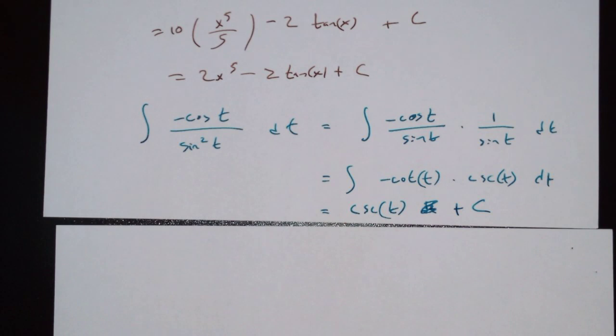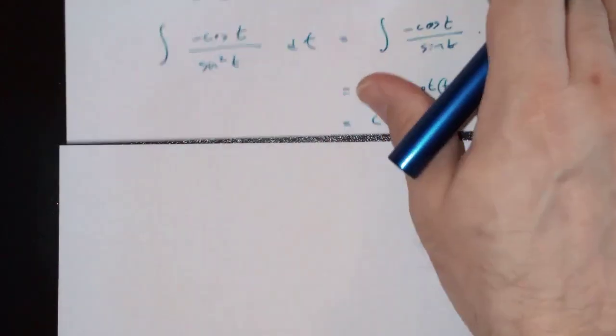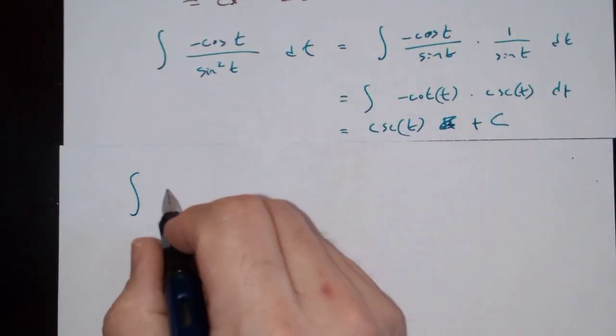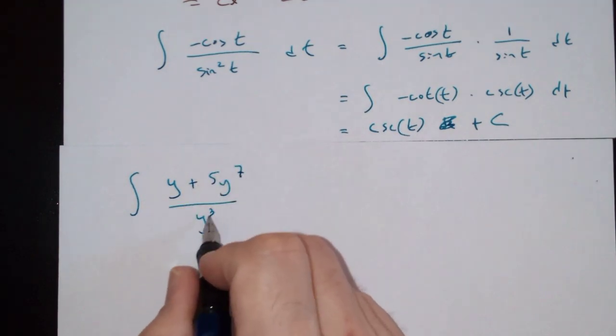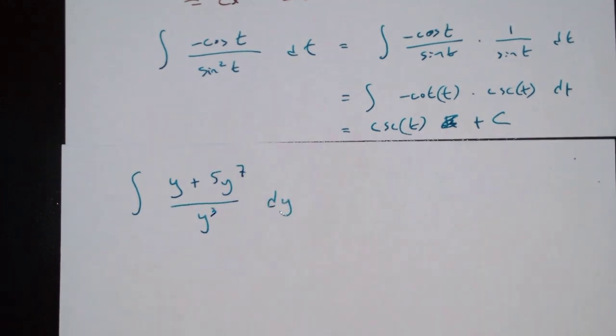So it is incumbent upon me, if I see something that I don't recognize, to figure out how to make it something I do recognize. I don't like seeing quotients in my integrand.